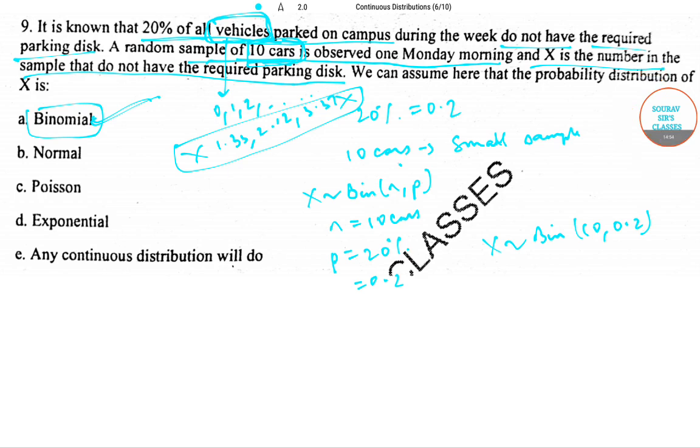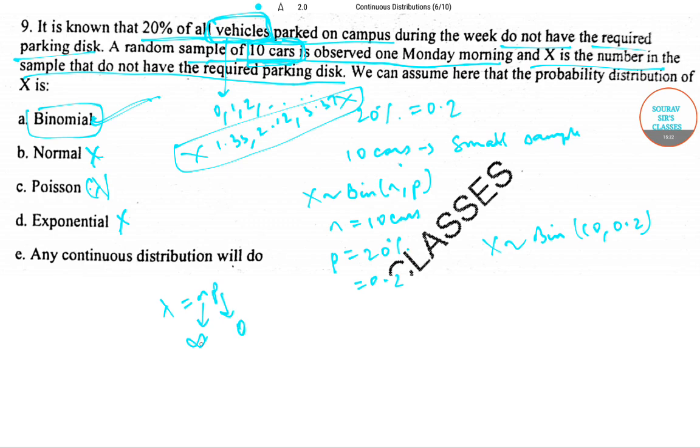Analyzing the other options, we cannot use normal since it is continuous. Exponential again is continuous. Poisson is discrete, but for a Poisson with parameter lambda, lambda is equal to n times p, where the sample size n almost tends to infinity and the probability p almost tends to 0.